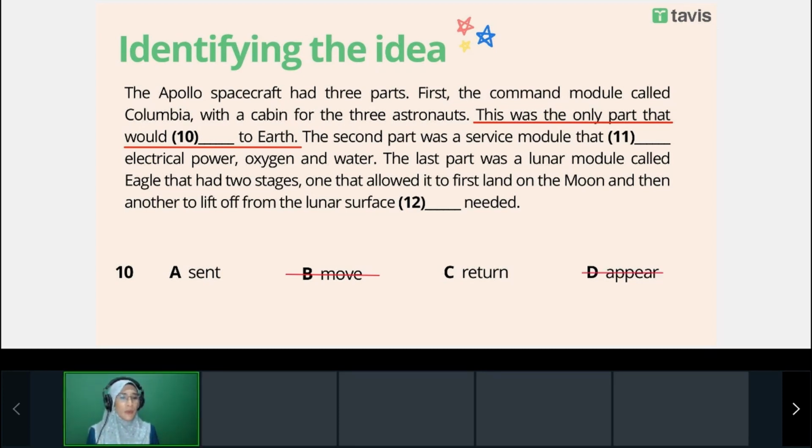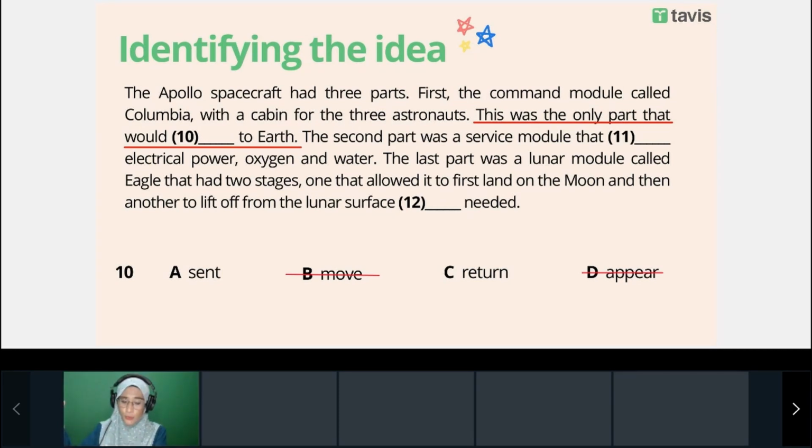So you're now left with either A or C, sent or return. But which one do you think is the most appropriate one? Try and read it again. Okay, we are applying the R. So this was the only part that would send to Earth. Is it sent?